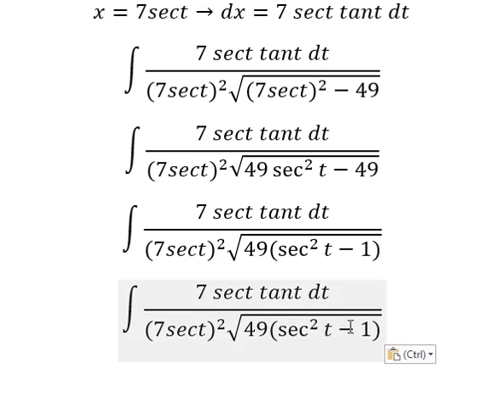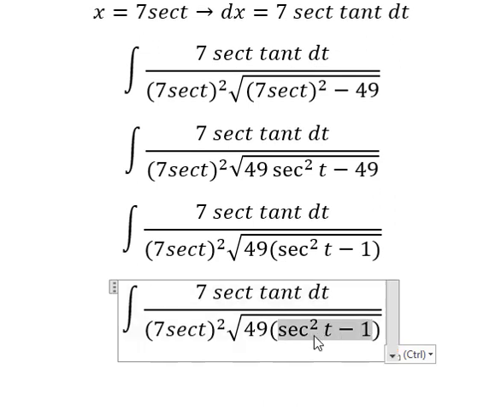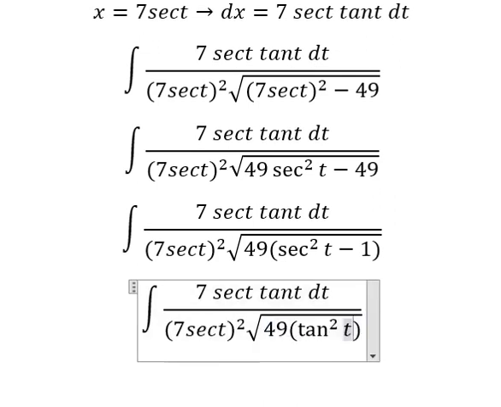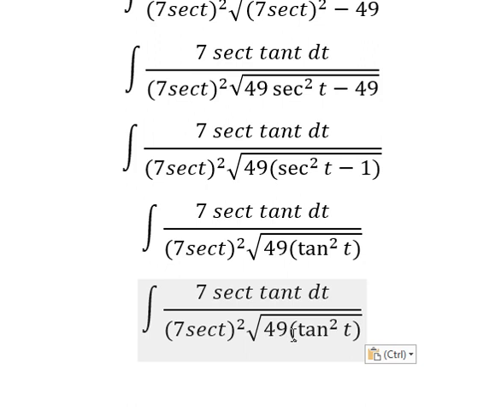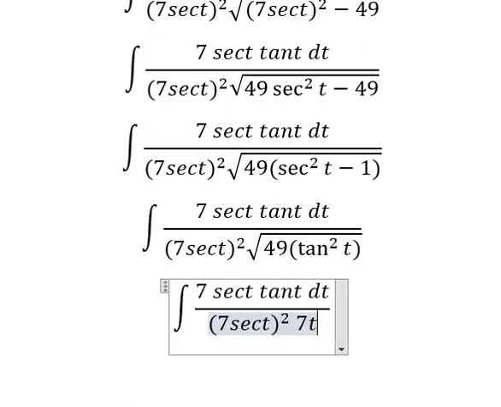Secant of t squared minus 1, we change to tan t squared. The square root of 49 tan t squared, we have 7 tan t.